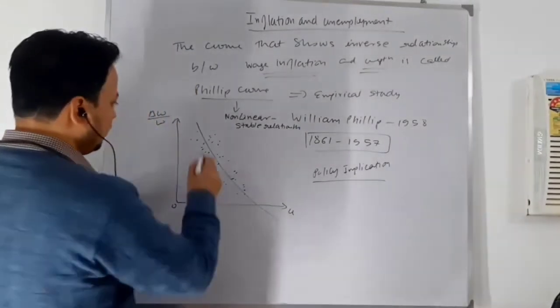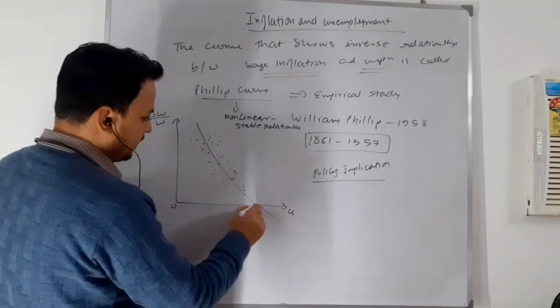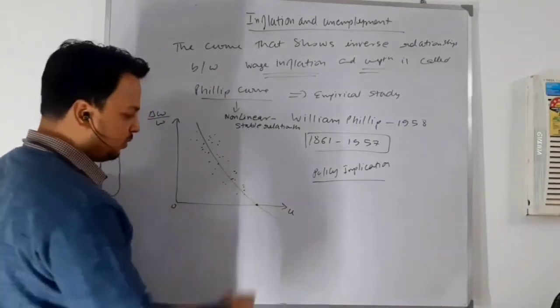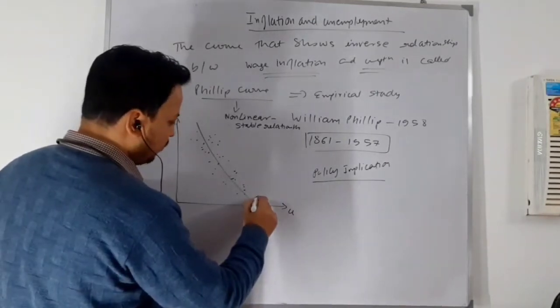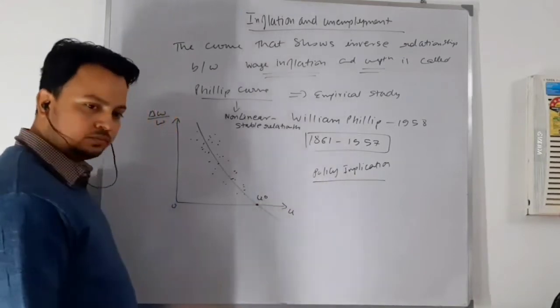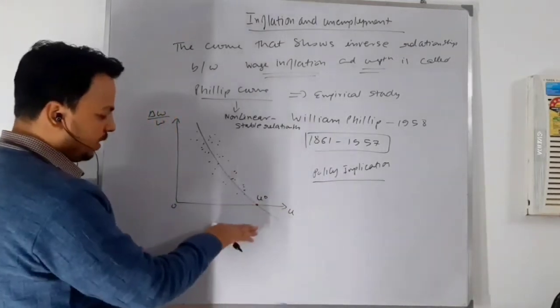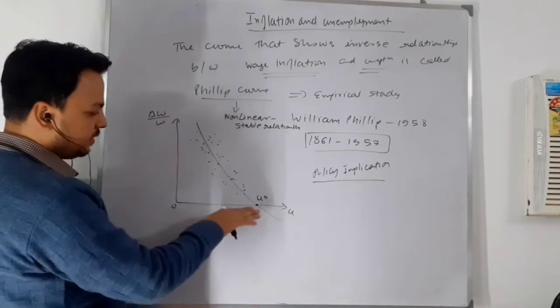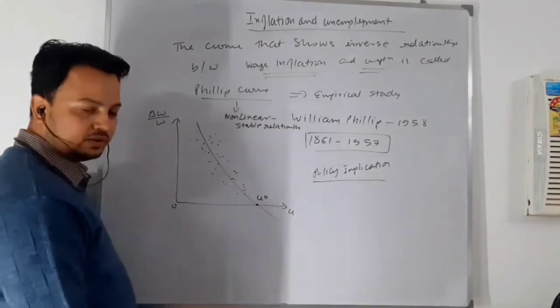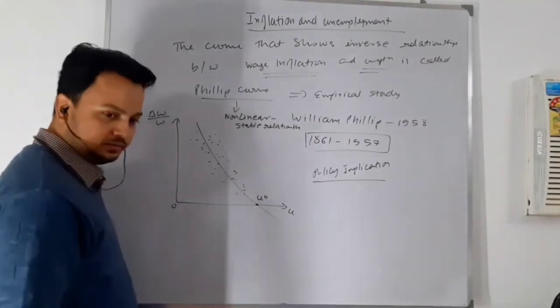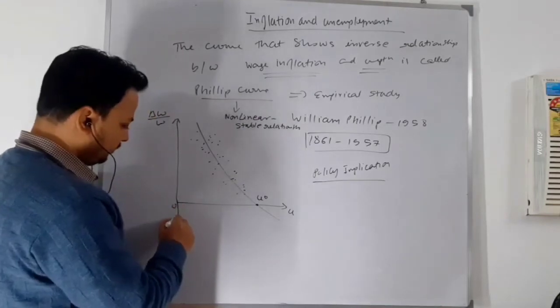Now this curve is cutting here, on the unemployment axis. Let this unemployment be U0. After this, what is happening to your wage inflation? It is going to the negative axis, right? Yes or no?